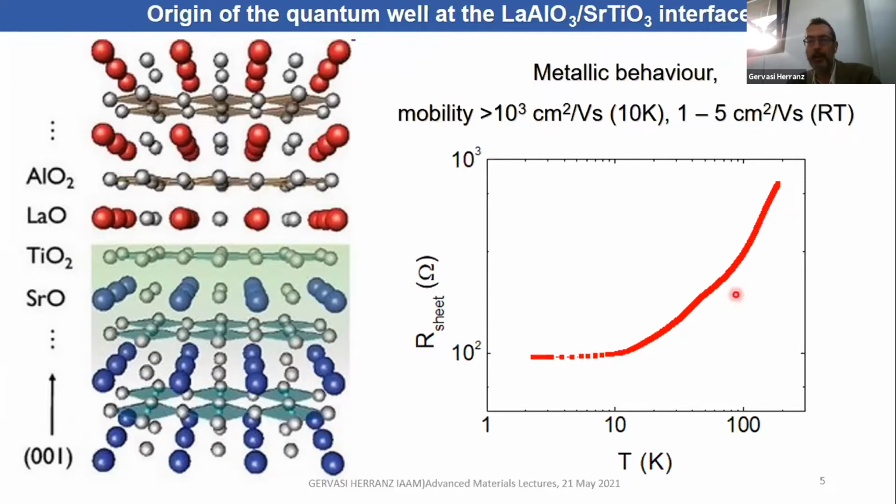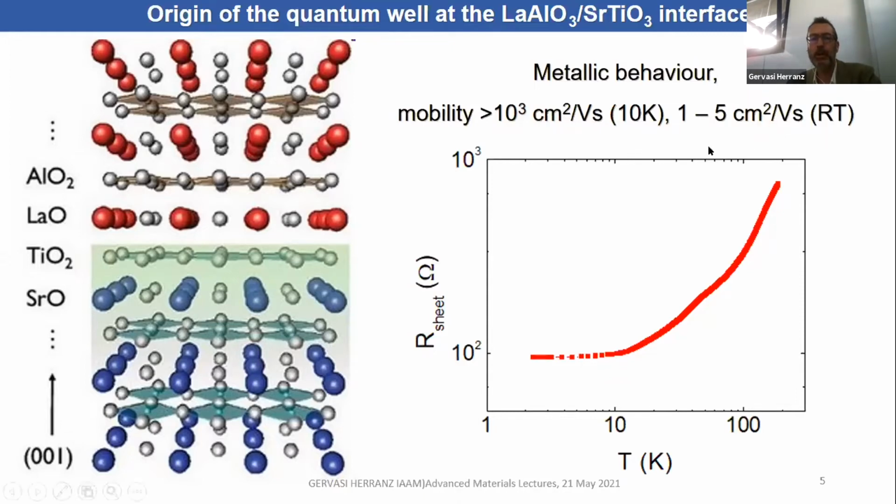Basically, we see that in all the range of temperatures, it's a metallic behavior, and at low temperatures, mobility can be 1,000 centimeters squared per volt-second, which can be even significantly larger. And indeed, at low temperatures, the mobility can be larger than in silicon, for instance. At room temperature, however, the mobility goes down to values typically of 1 to 5 centimeters squared per volt-second.